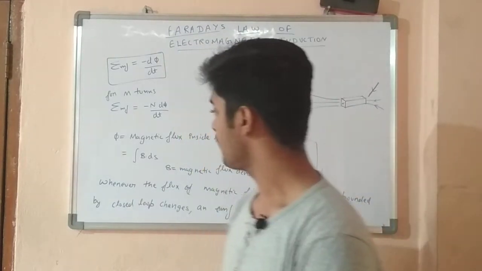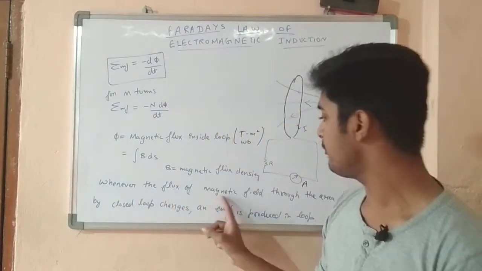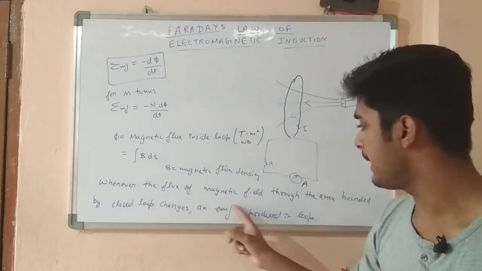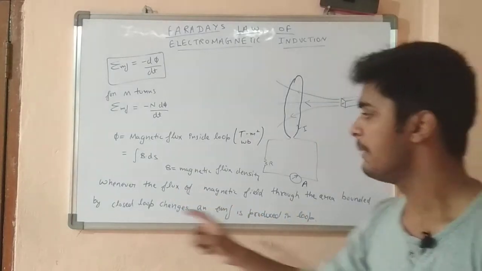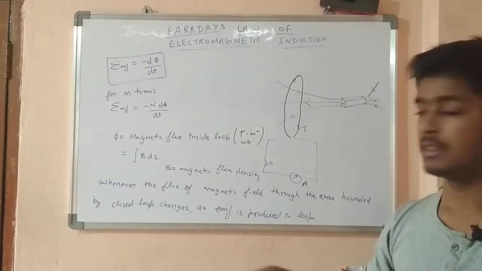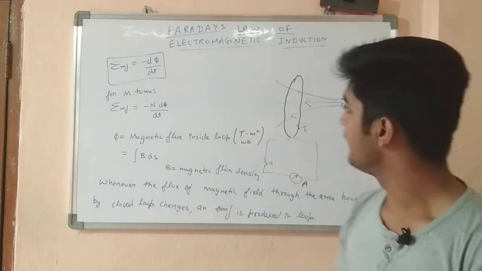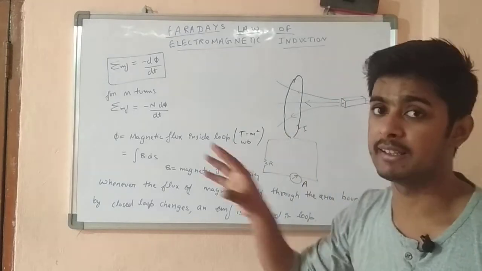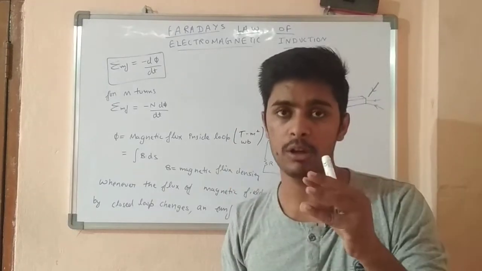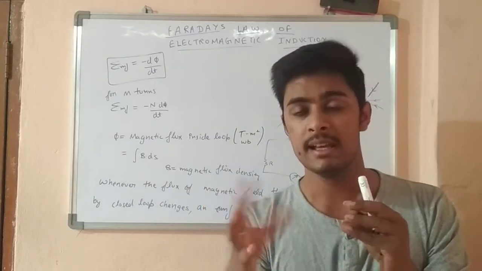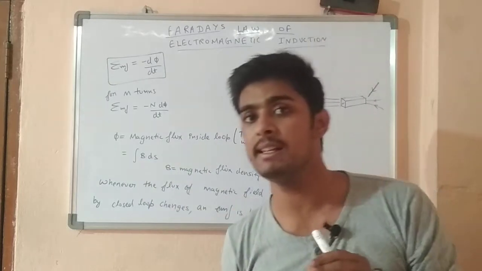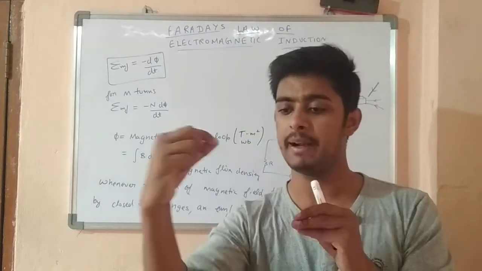What was that? Whenever the flux of magnetic field through the area bounded by a closed loop changes, then an EMF is produced in the loop. When a magnet is brought close, there will be magnetic field lines, and magnetic field lines in total are called flux, in a particular area.